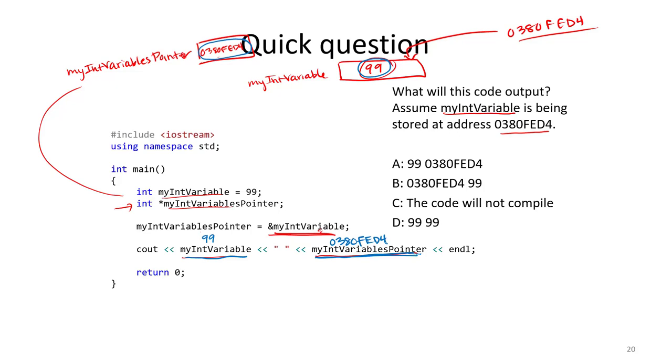So the correct answer for this question is actually choice A. We will first output the value stored in myIntVariable, then a space, and then the memory address stored inside myIntVariablesPointer.